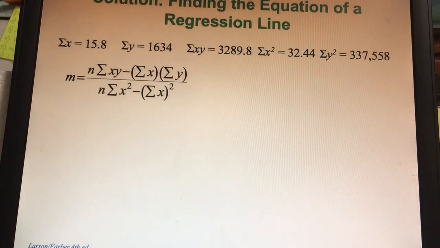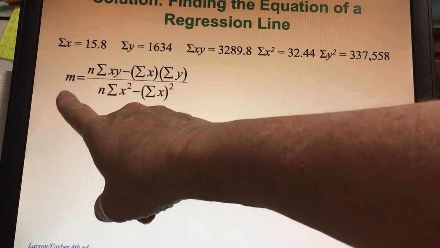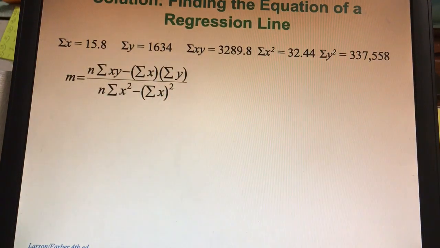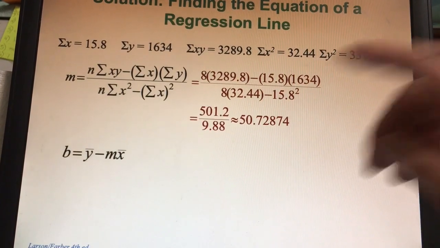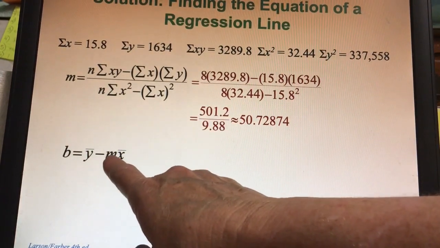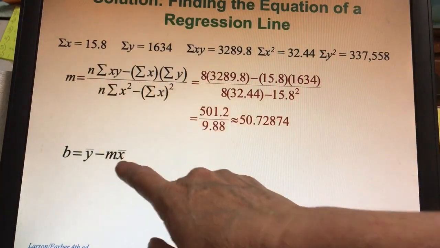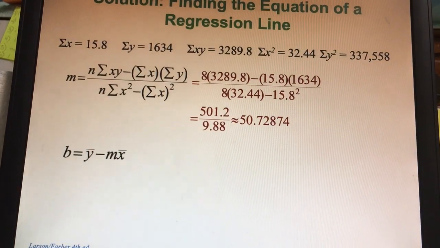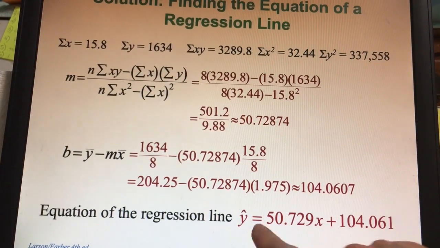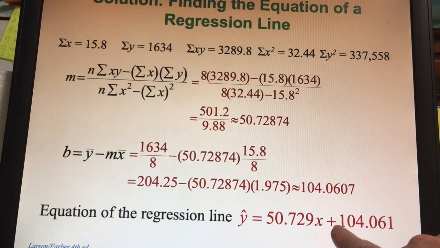And then our m is the slope of our regression line, and this is the equation for the m. And then our b is going to be the mean of our y's minus m, which is there, times the mean of the x's. And there we go. Okay, so we wind up with the equation, which is mx plus b.